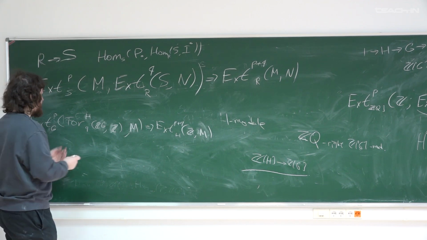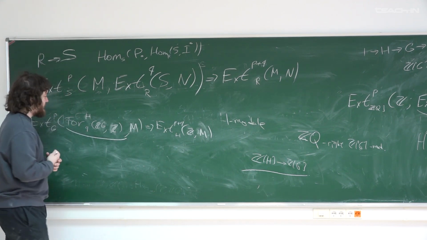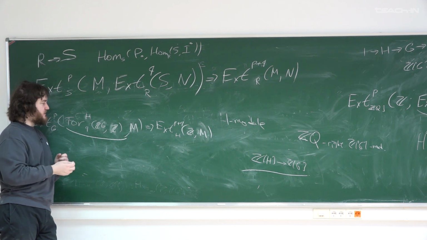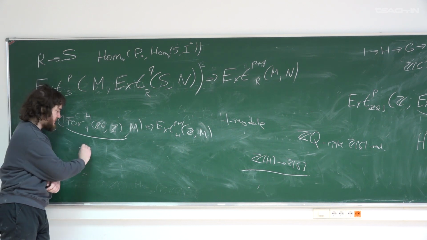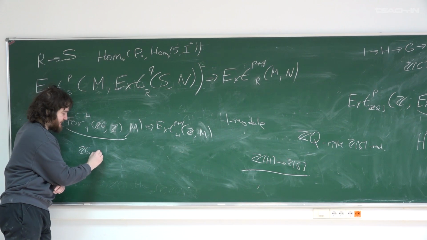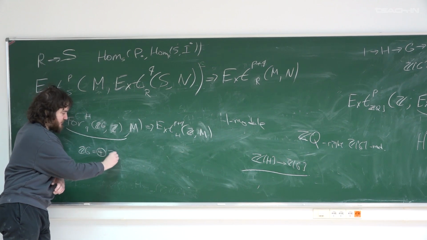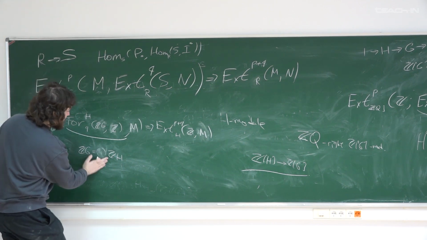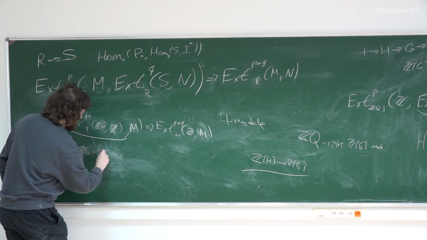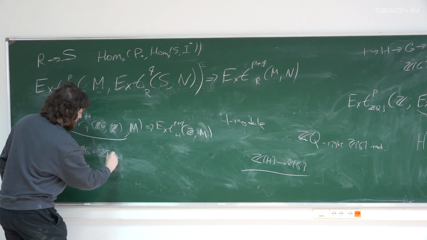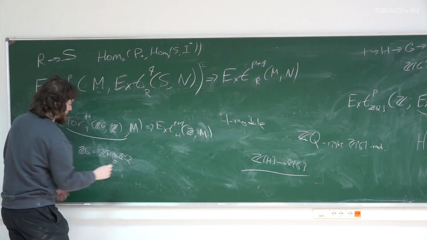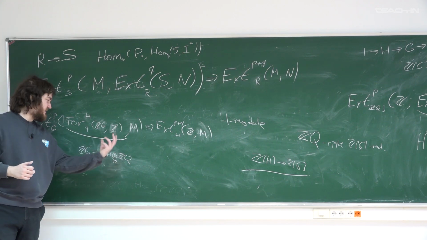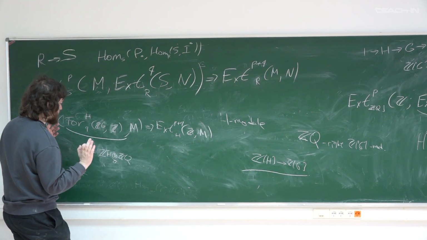And here this Tor is almost always 0 because ZG is a free ZH module, as I said before. As a left H module it is free, and as a right one it has no right ZQ module structure.